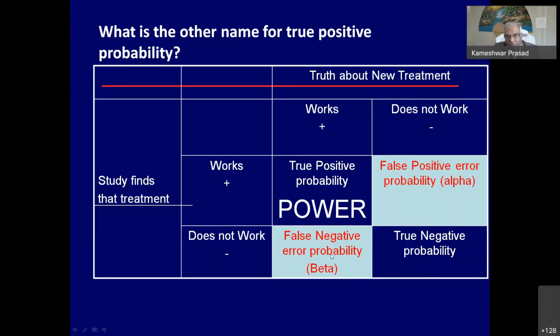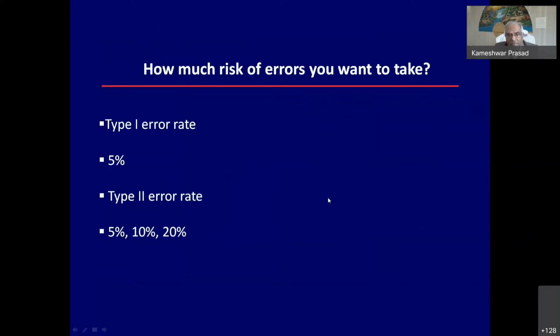If beta is 20%, then power is 80%. This is what you ought to remember. And I told you that type 1 error or alpha is often accepted worldwide as 5%, and type 2 error as 20% most of the time in residents' theses.